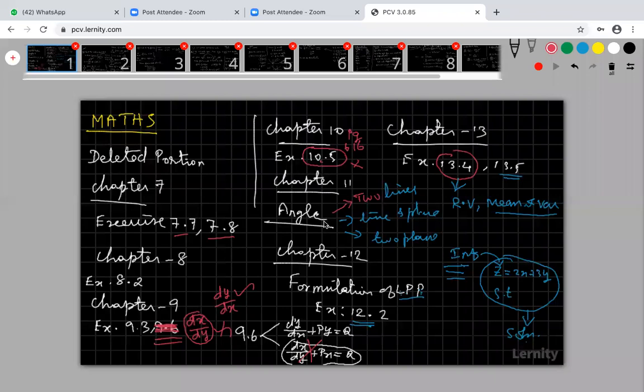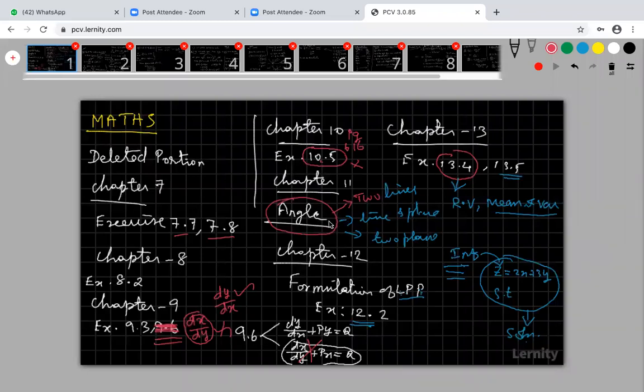That means the angle problem is totally deleted. In every section, we would discuss angle between two lines in lines, angle between line and plane in line and plane, and angle between the planes in intersection of planes. So this angle problem is totally deleted from our 11th chapter.